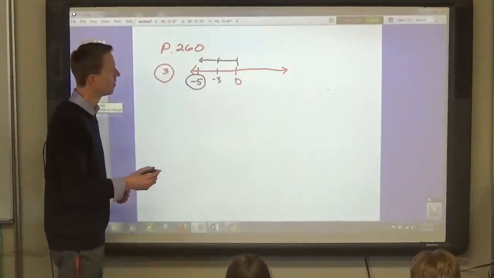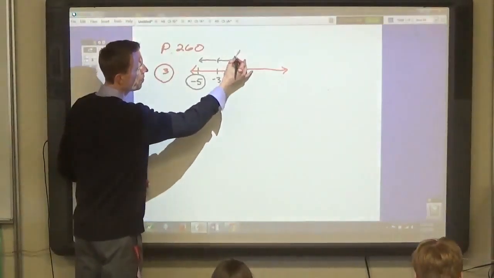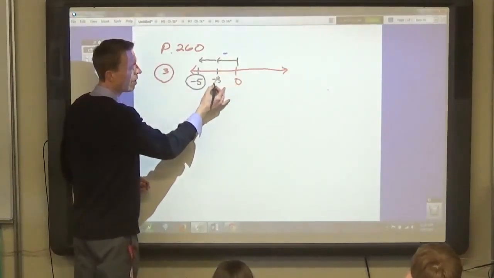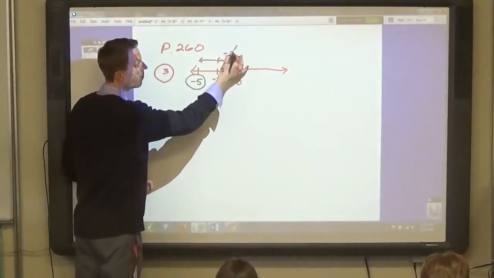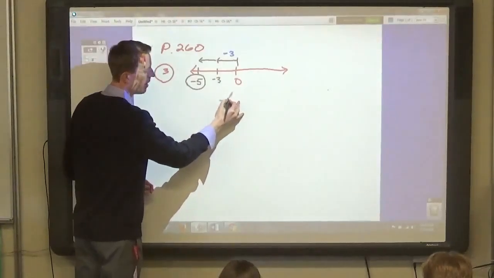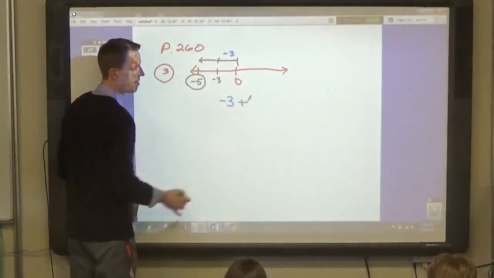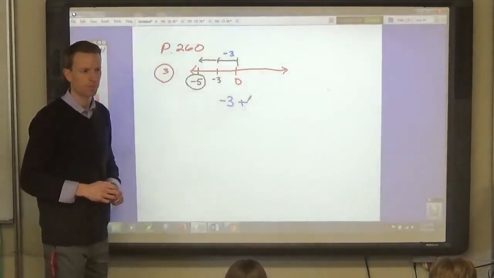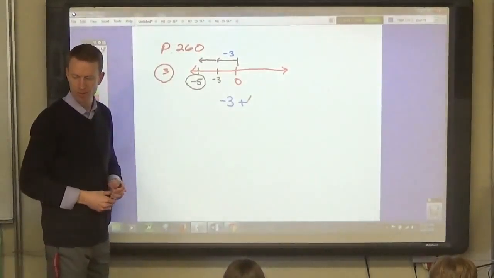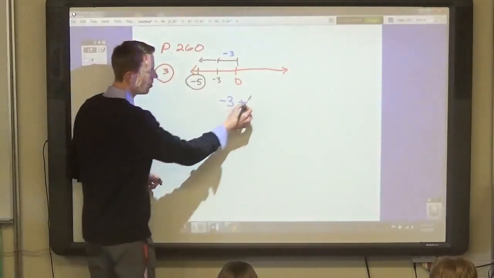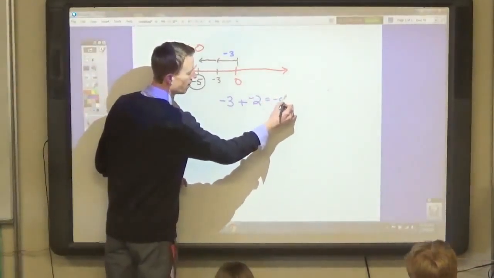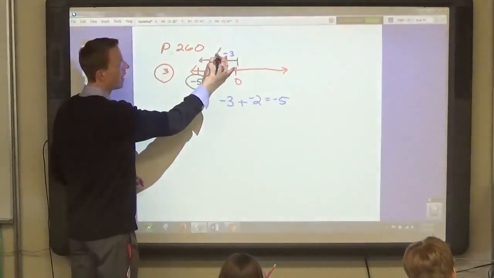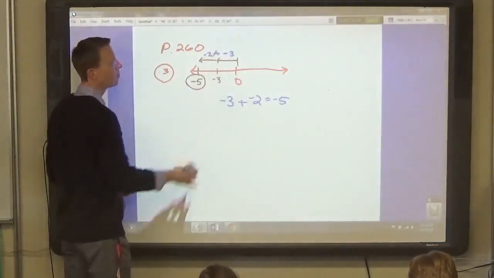Bryce? Start with this amount. Negative what? 3. -3. So we're at -3 plus what? -2 equals -5. See, there's a move of -3 and then another move of -2.